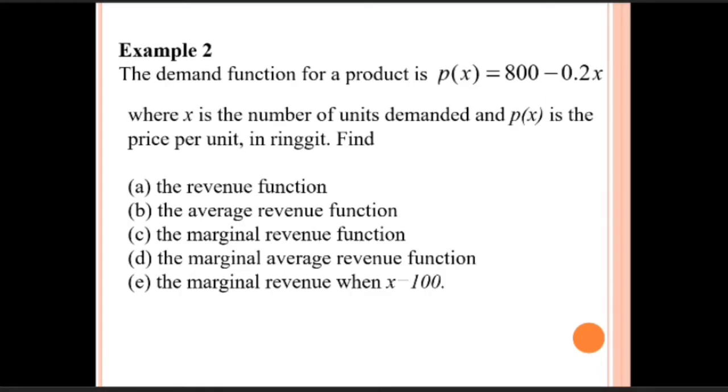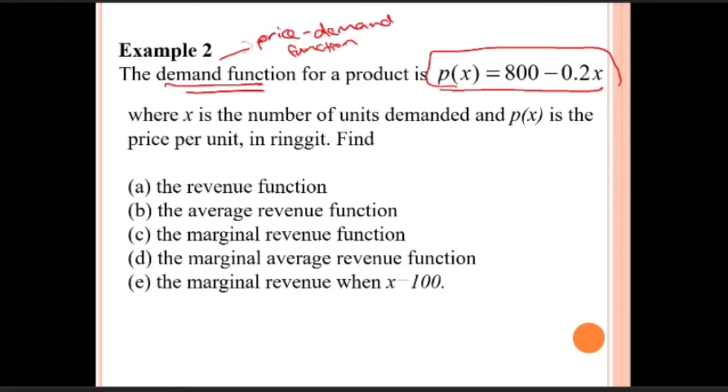Now, example 2. The demand function for a product is as given. The demand function here refers to the price function. That's why it's labeled as Px. Now, question A wants us to find the revenue function. What is the formula of revenue function? Remember, to find the total revenue, is just the number of units being sold, X, multiplied with the price of that product.